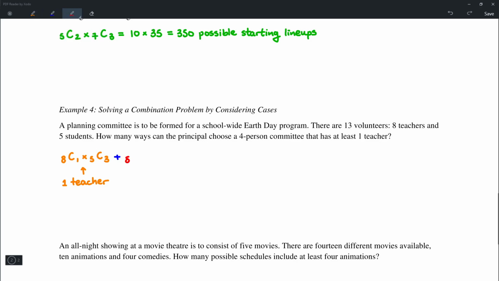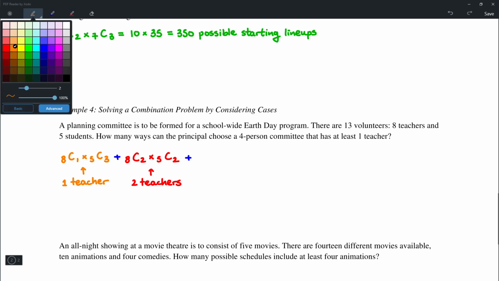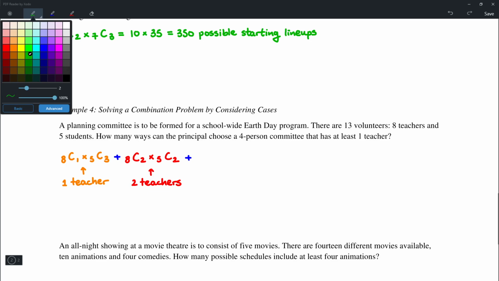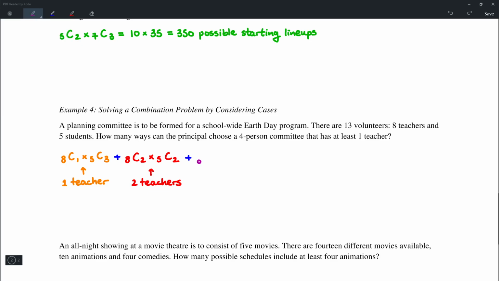Next we have 8 choose 2 for 2 teachers, and then 5 choose 2 for the 2 students. After that, we have 3 teachers out of the 4 spots, and 1 student.